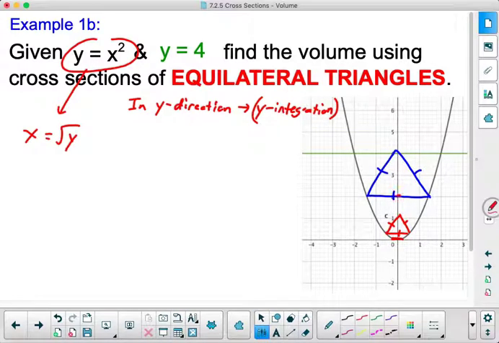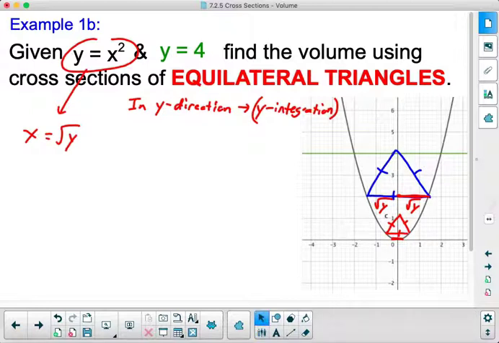But again, the distance from here to here is the square root of y. And the distance to my other side of that parabola is going to be the square root of y, if I break that apart.